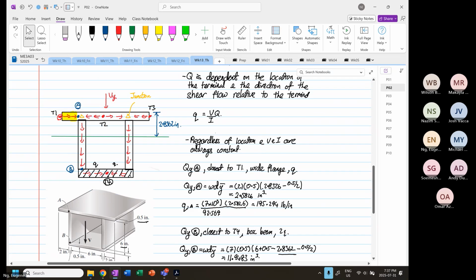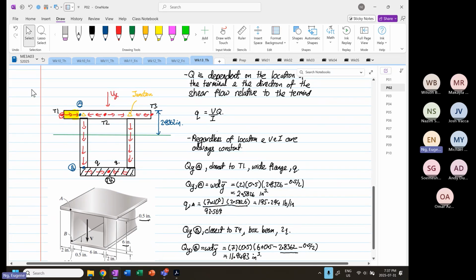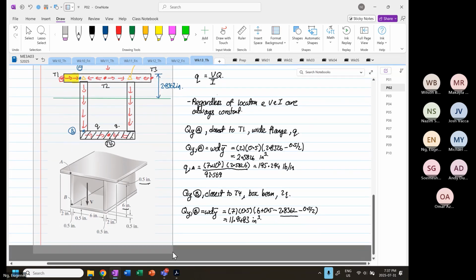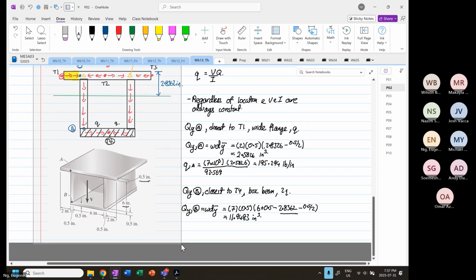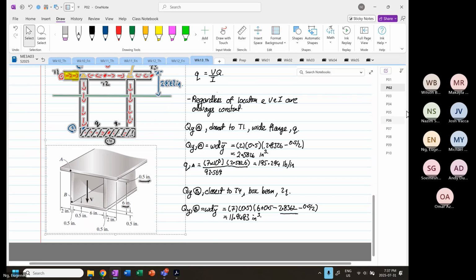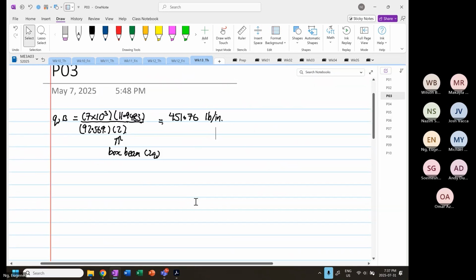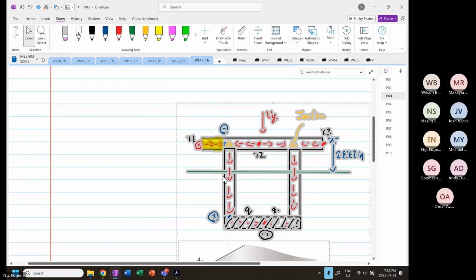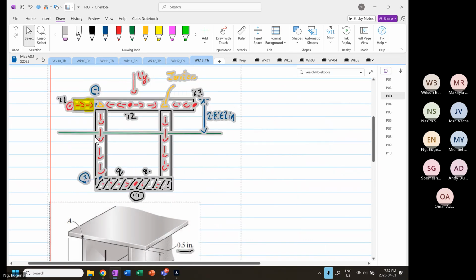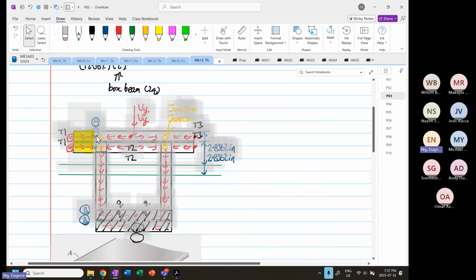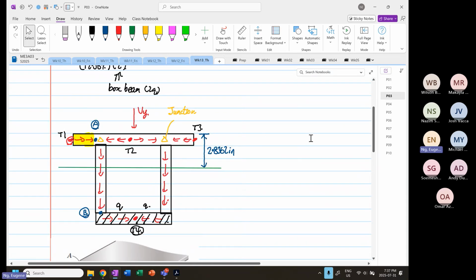Okay. And the next thing that we're going to do is we're going to find tau max, which is at the centroid. Right. So this is a revision. I'm going to show you both ways of doing it.